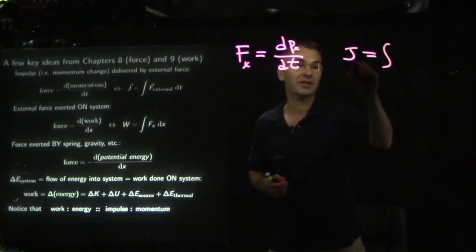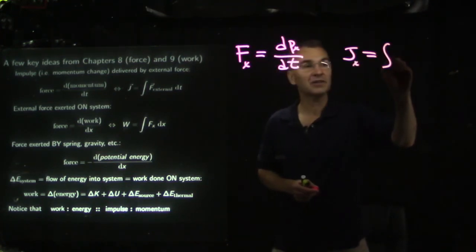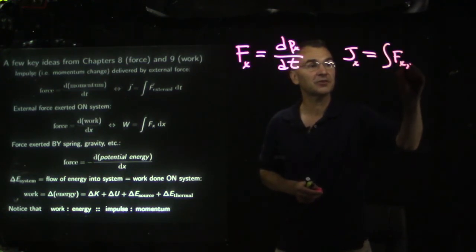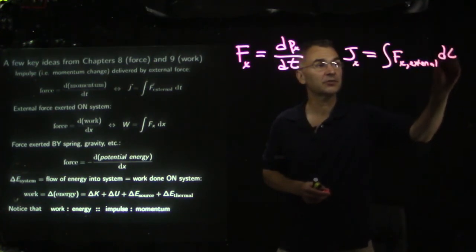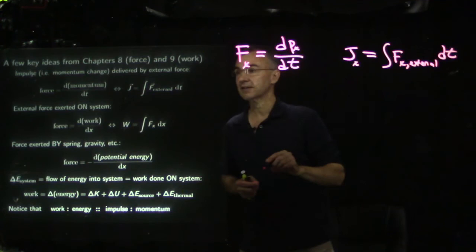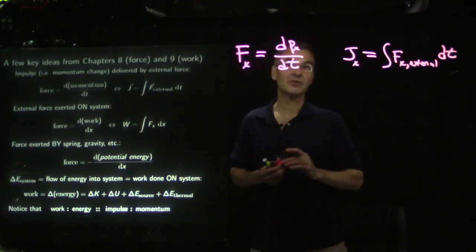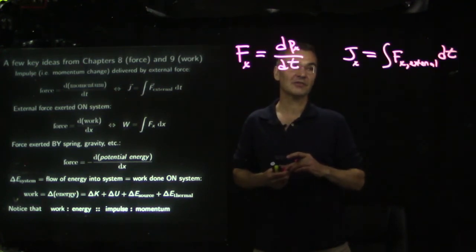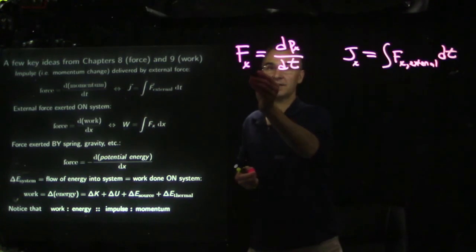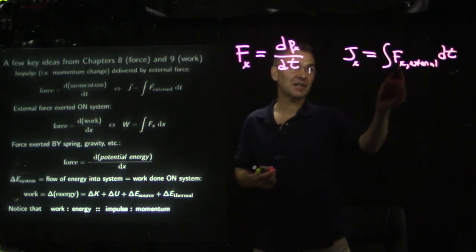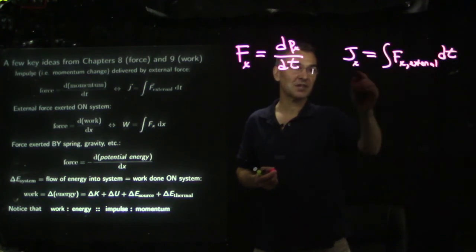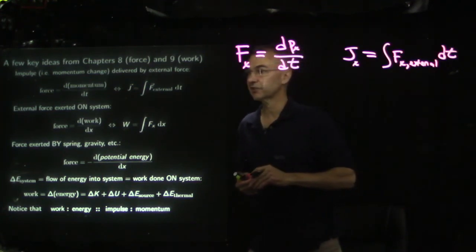I guess impulse is actually a vector, so the x component of impulse is the integral of an external force in the x direction with respect to time. Yes, remember, impulse has the same units as momentum. So impulse is transfer of momentum across a system boundary, and force is the rate of change of momentum with respect to time. And if you integrate an external force in the x direction with respect to time, you get the impulse in the x direction.